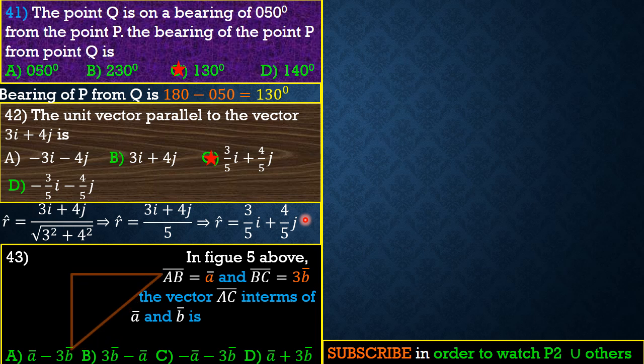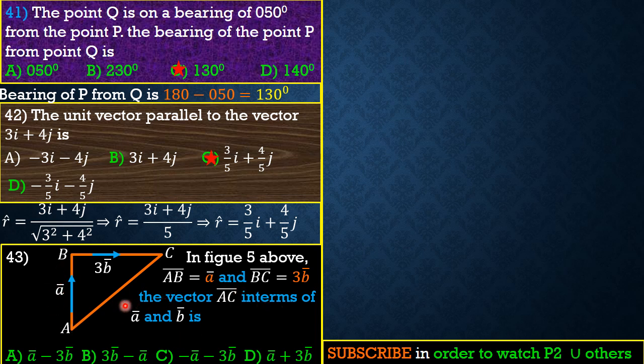Question 43, guys, simply reads that in figure 5 above, AB is equal to a and BC is equal to 3b. Now, they're saying that the vector AC in terms of a and b is, okay guys, these are the various options. So friends, these are the orientations of our arrows.